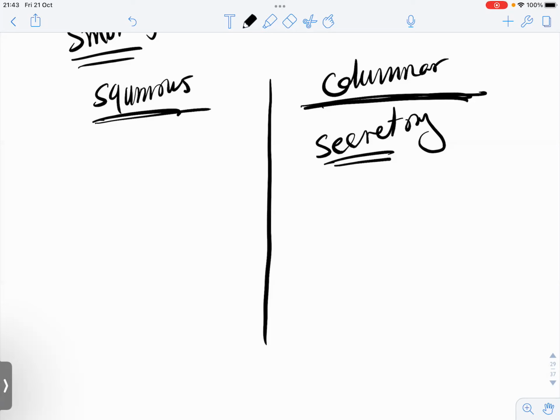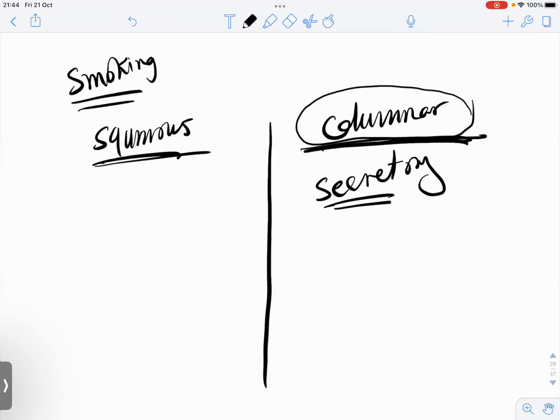We know that the stomach has a very, very strong acidic medium. So if anyone asks you, tell them that columnar is not stronger than squamous, but columnar secretes mucus. So the stomach has columnar epithelial tissue because columnar can secrete mucin, which can neutralize the HCl in the stomach. So columnar can face the acidity, but squamous cannot.